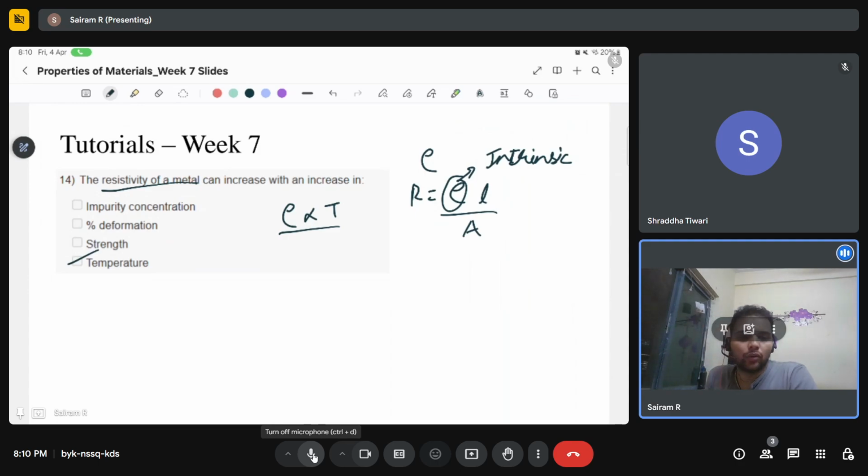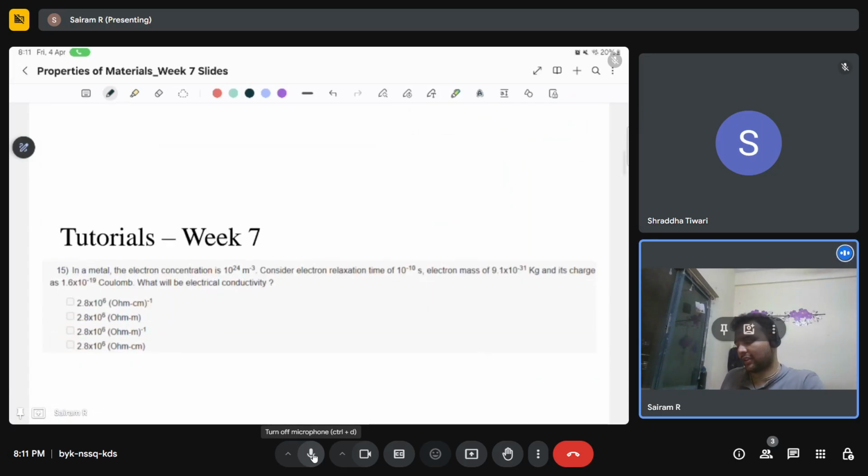But rho can also be disturbed by the impurity concentration and percentage deformation. So when a metal is deformed, it will also affect our intrinsic resistivity, right?